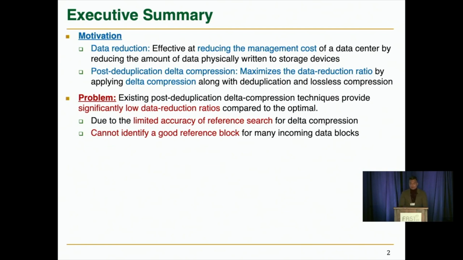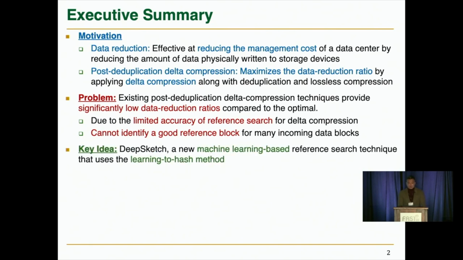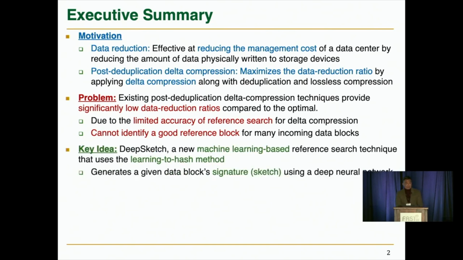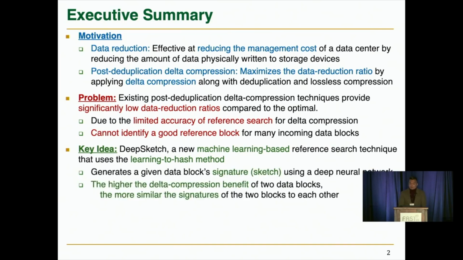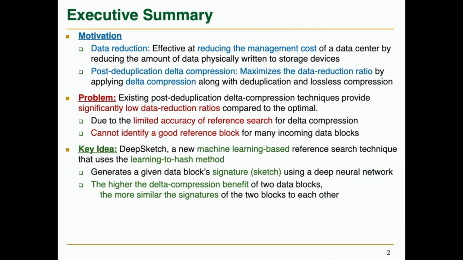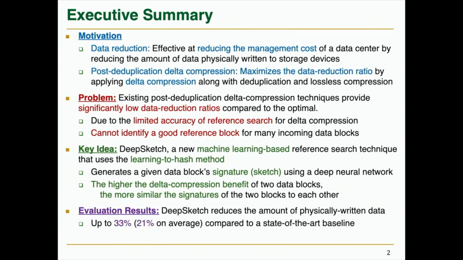To address this, we propose DeepSketch, the first machine learning-based reference search technique to generate a given data block's signature called a sketch, such that the higher the data compression benefit of two data blocks, the more similar the two blocks' sketch values. Our evaluation shows that DeepSketch significantly reduces the amount of written data compared to the state-of-the-art baseline.